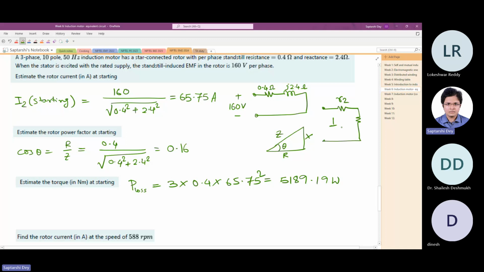This is (1 by S minus 1) times R2. Now at starting, this one is actually shorted, 0. So this is the gap power at starting.